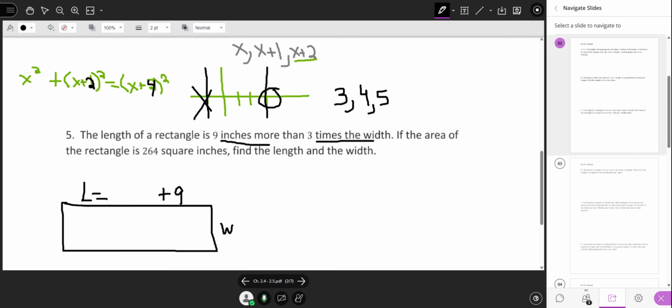So we're going to call the width X because Desmos hates W. 3 times that. So 3X. Now, it says the area is the length times the width, and that is 264.